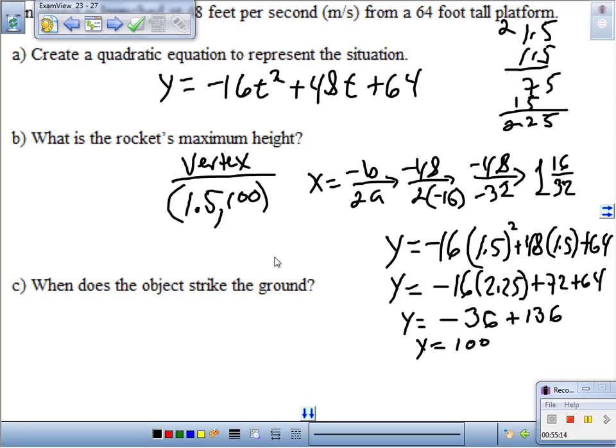So, tell your neighbor, according to the vertex, what's the maximum height? Everyone? 100 feet high. All right. Do we know what to do to find how much it takes to strike the ground? Yes.